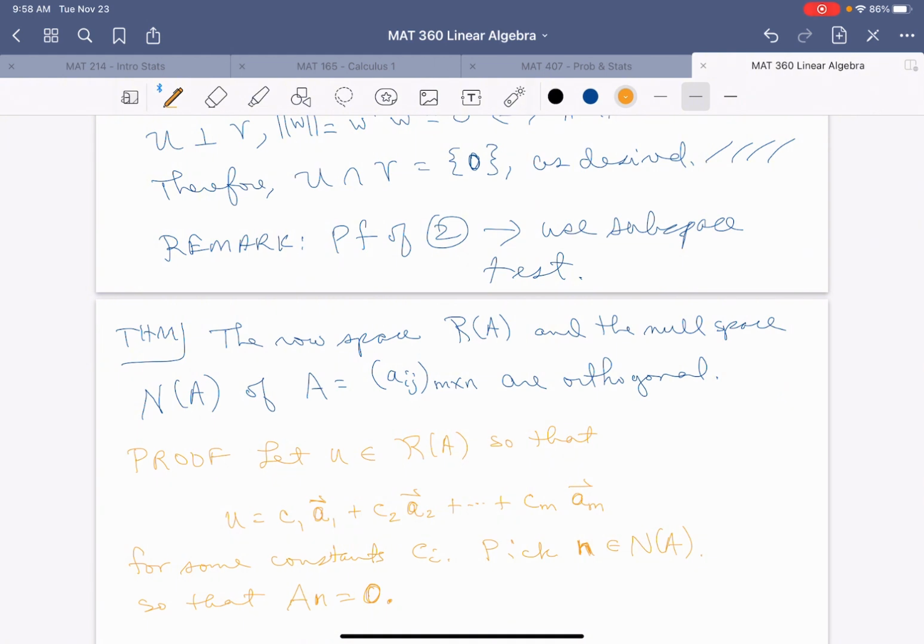Well, if A times n is equal to 0, then it would be clear that the dot product of any row vector of A with n has to be 0 as well.